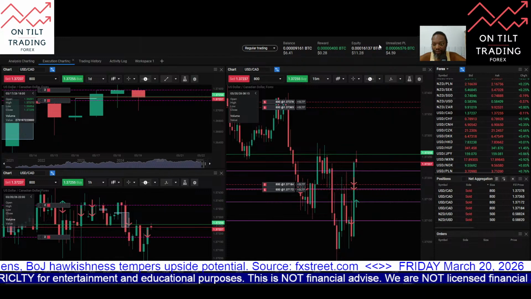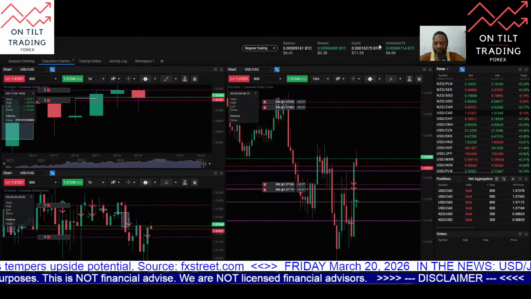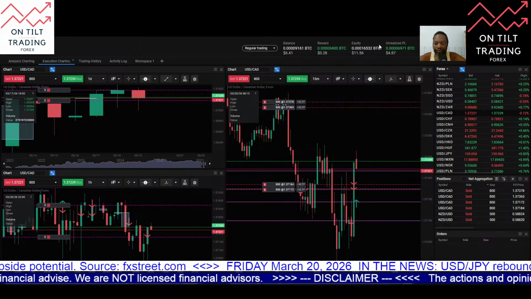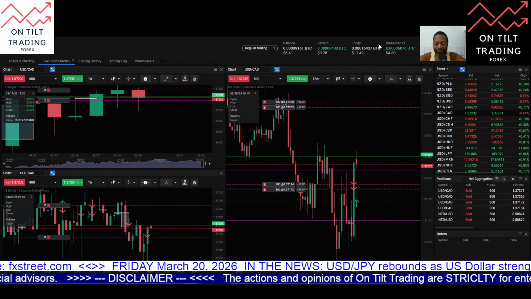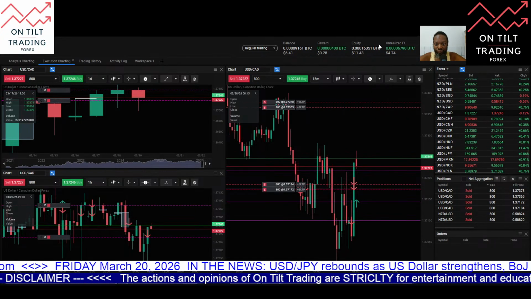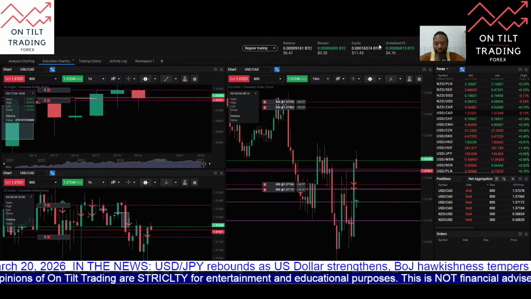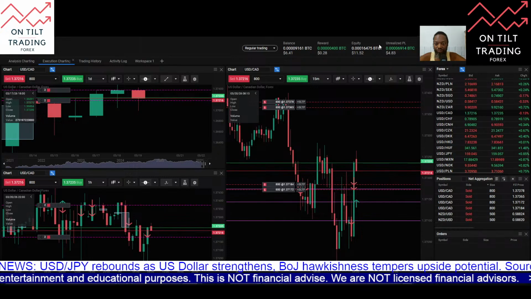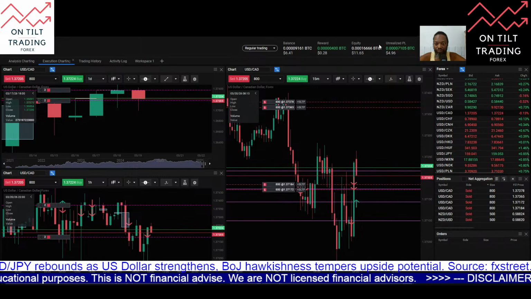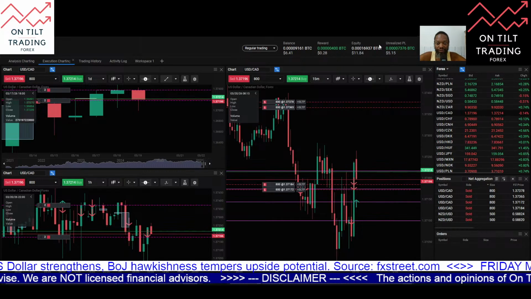Price consolidating here around the 137.250 level, 137.220, 137.200. Seeing some sell side delivery here.